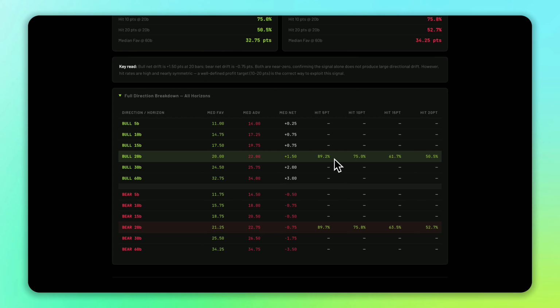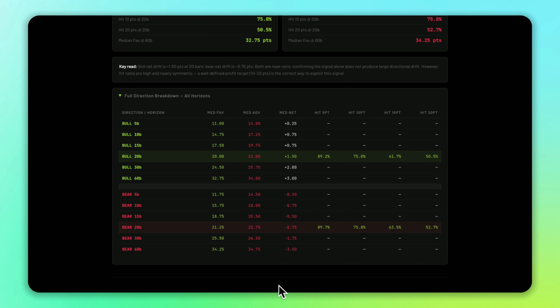So if you really want to just be scalping, in theory, you can have confidence that nearly 90% of the time when you get the bull signal, you'll get 5 points within those 20 bars. Or 75% of the time you'll get 10 points within the 20 bars. It becomes kind of a coin flip at 20 bars for 20 points. And a similar split for the downside too.